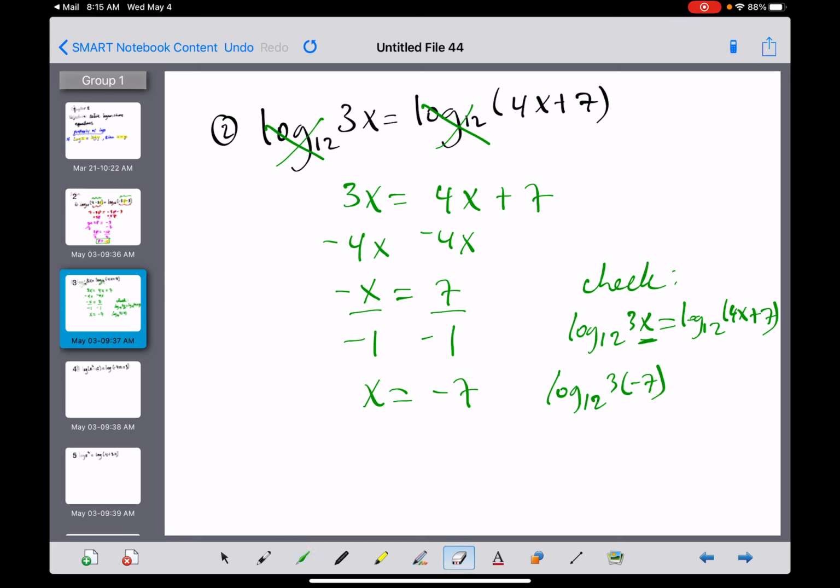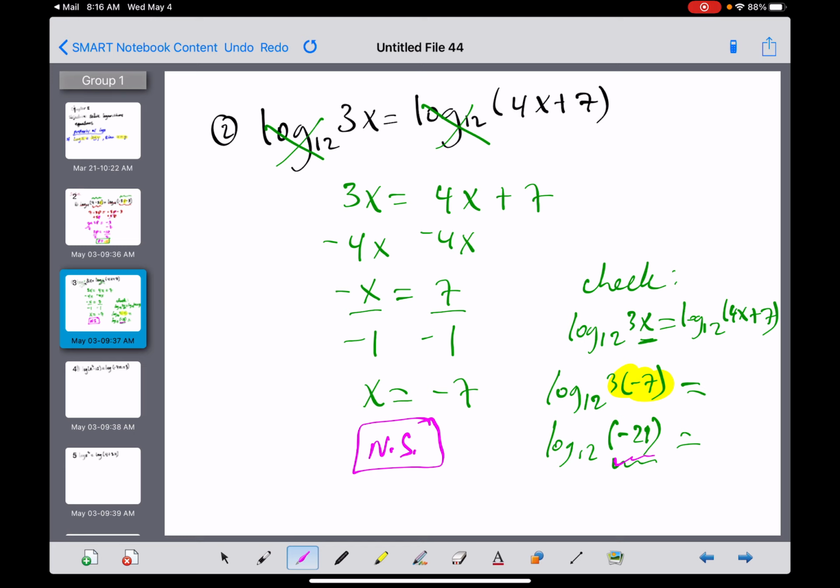When you plug this in, notice that this right here, log base 12 of negative 21, you can stop here, you don't have to move to the right hand side. This tells me that this answer, negative 7, would not work for this problem. So therefore, this problem is no solution. When you plug back in, it gives you a negative right there. You can stop and say no solution.